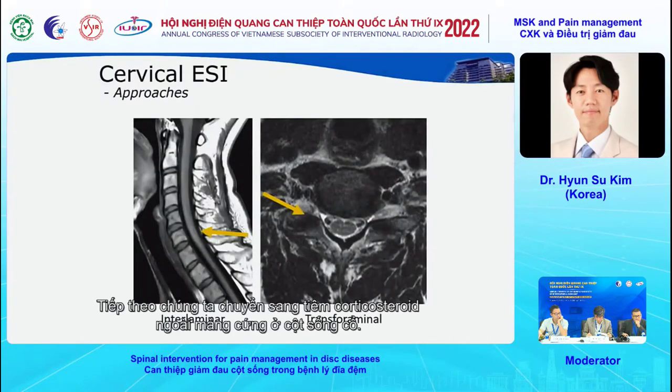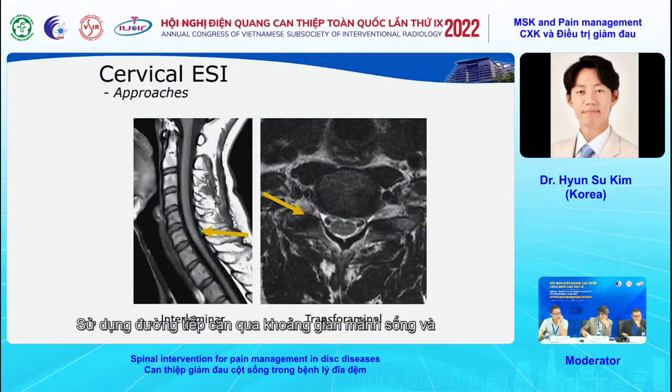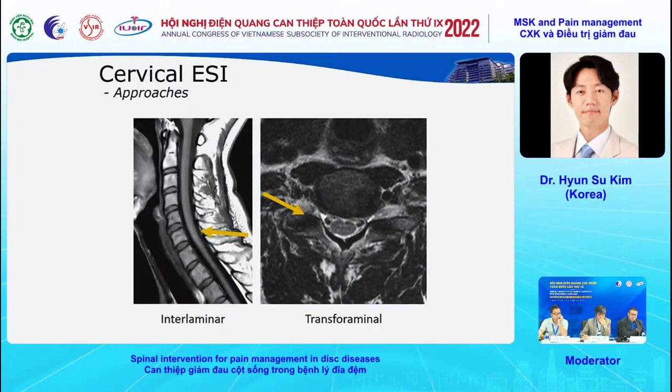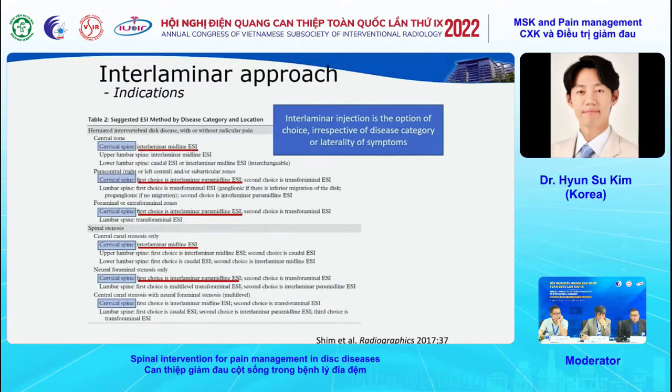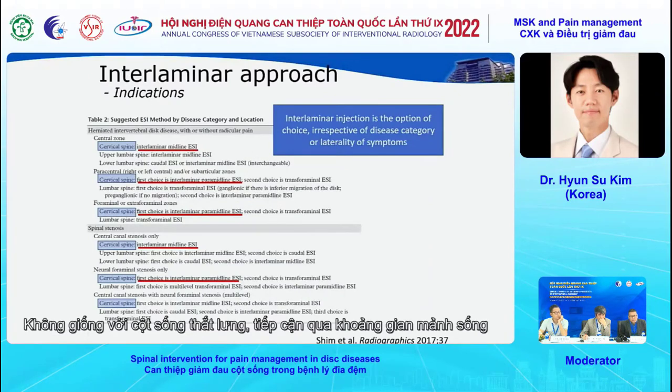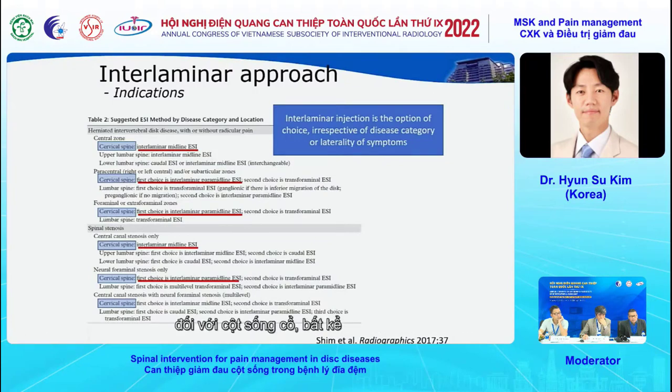Let's move on to epidural steroid injection in the cervical spine. Interlaminar and transforaminal approaches are used in patients with cervical disc disease. Unlike in epidural steroid injection of the lumbar spine, the interlaminar approach is the recommended option in the cervical spine, irrespective of disease category or laterality of the symptom.